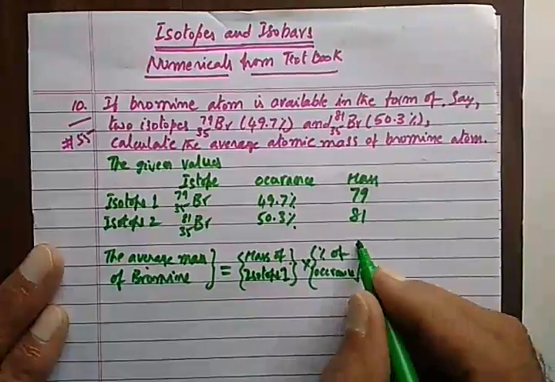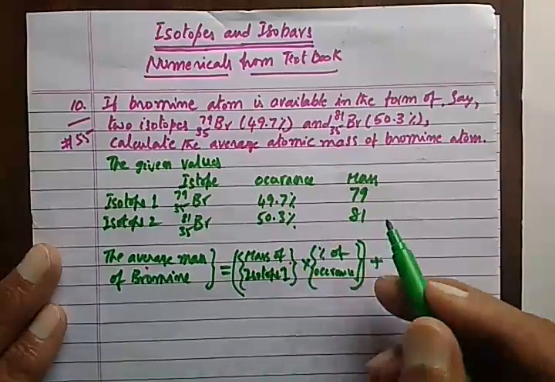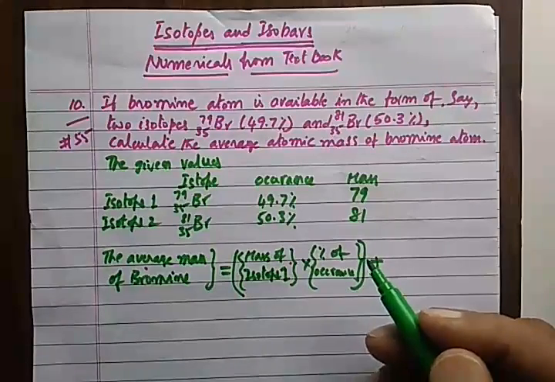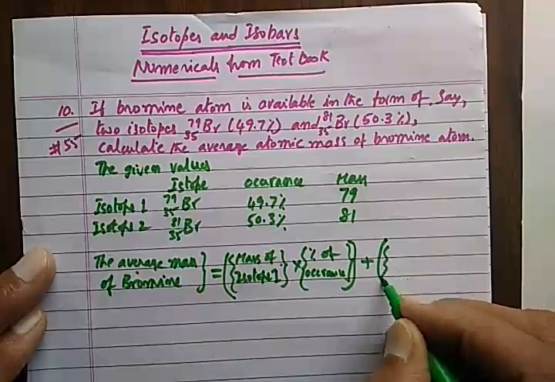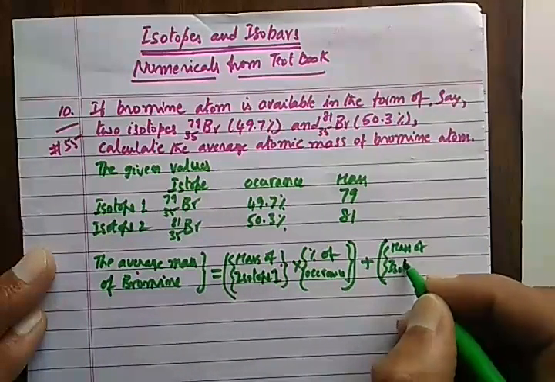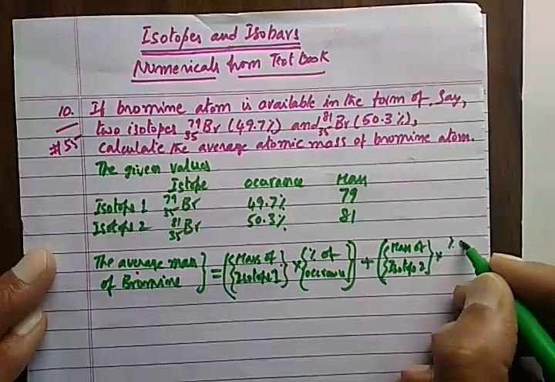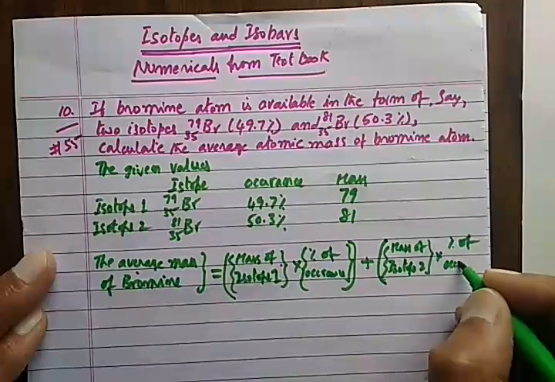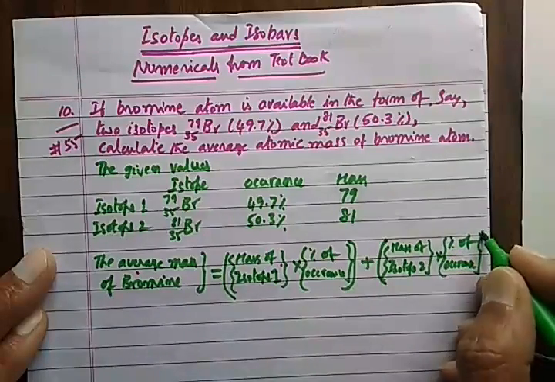Okay, that is the first one. Because the two are there, so we have to take average of two isotopes. The second one also, let me write mass of isotope 2 into percentage of occurrence.